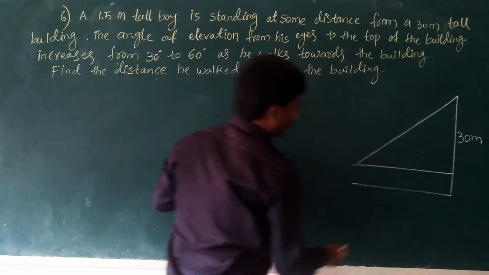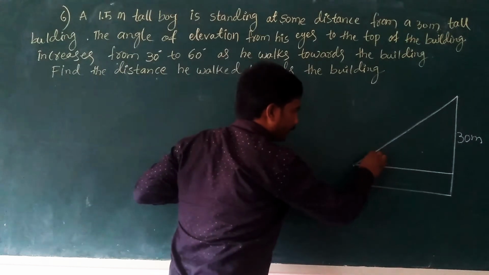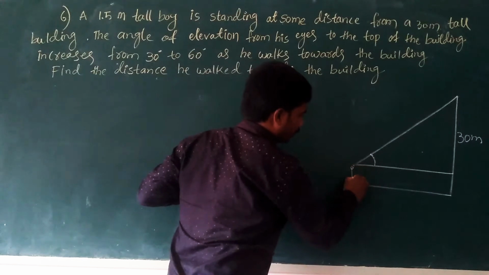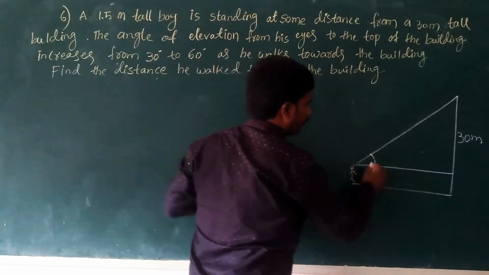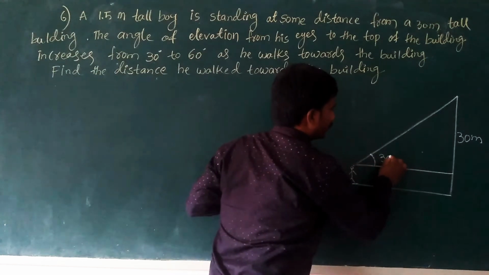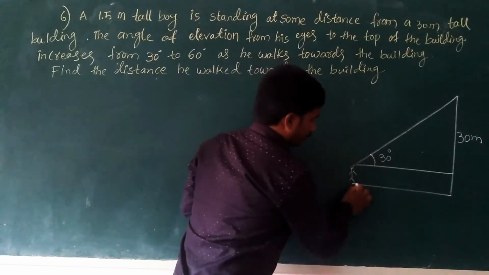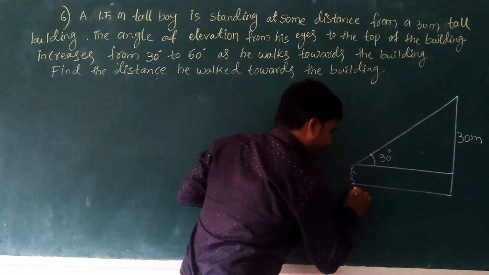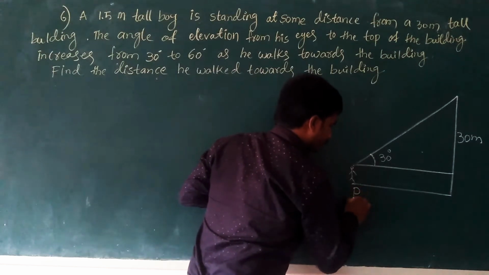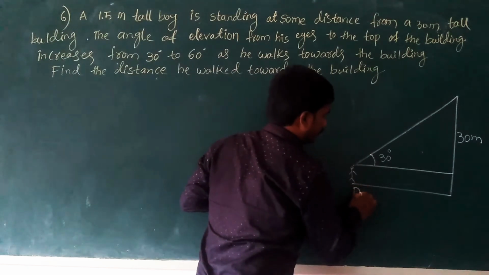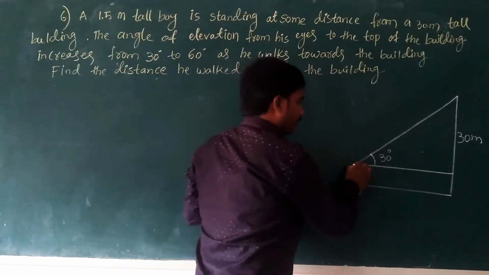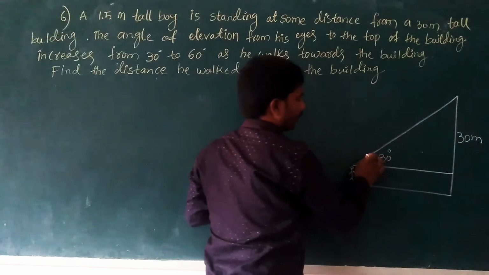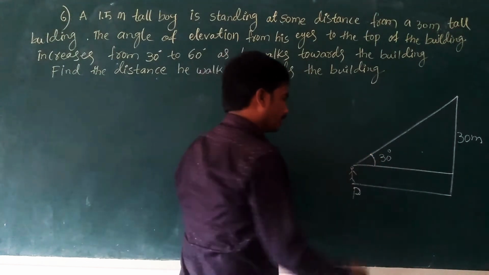So the angle of elevation is 30 degrees from the starting point P. From this point, he is observing the top of the building, and at that time the angle of elevation is 30 degrees.